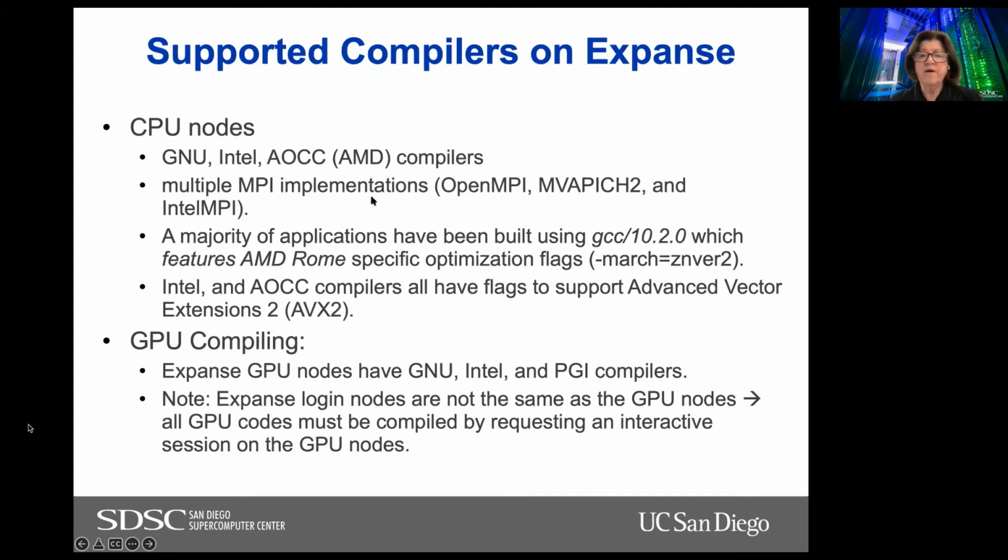There's multiple MPI implementations, and we have OpenMPI, MVAPICH, and Intel MPI. The majority of applications have been built using the GNU compiler, which features AMD ROME optimization flags. And the Intel and AOCC compilers support advanced vector extensions.